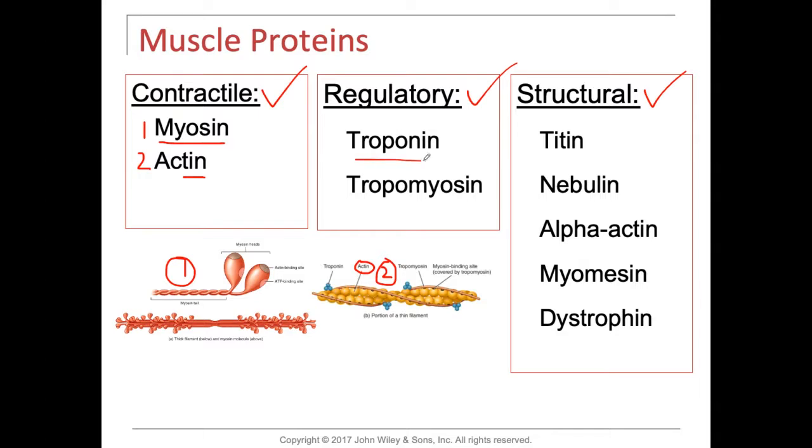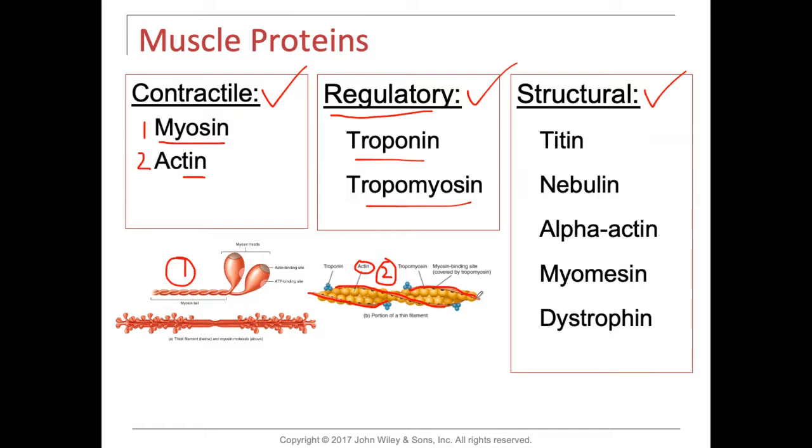Now, troponin and tropomyosin, these are referred to as regulatory proteins. These are the on and off switch. And you could see with actin, this ropey, stringy structure like this. And then there's another one here that goes like that and then comes across.